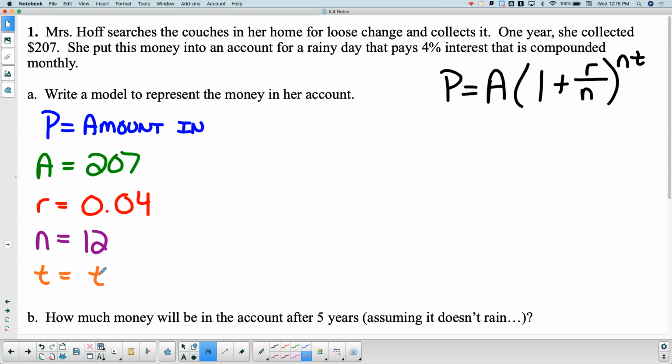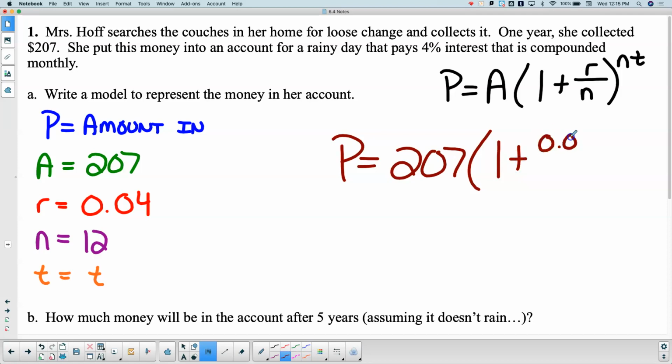Okay? So, putting that all together, we could go P equals 207 times 1 plus 0.04 divided by 12 to the 12T power.